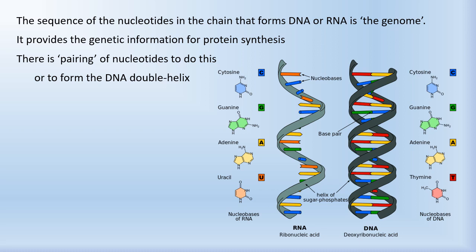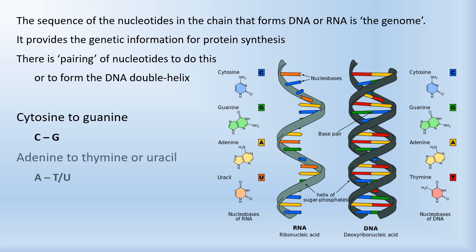See if you can work out by the colours what is pairing to what in the DNA double helix in the diagram. Yes, cytosine pairs to guanine, adenine pairs to thymine, or uracil in RNA.